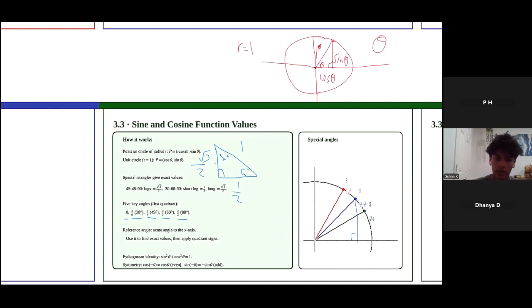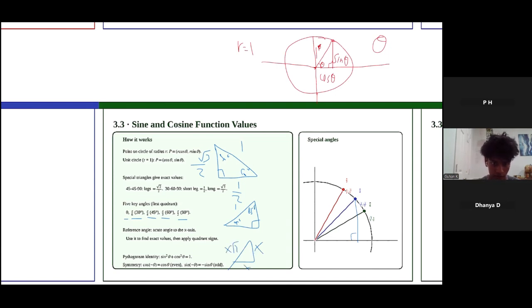And then we can also look at the 45, 45, 90 triangle. Now, if the hypotenuse is 1, we know that the sides normally in a 45, 45, 90, it's x, x, and x root 2. So legs, when this is 1, is going to be divided by root 2.